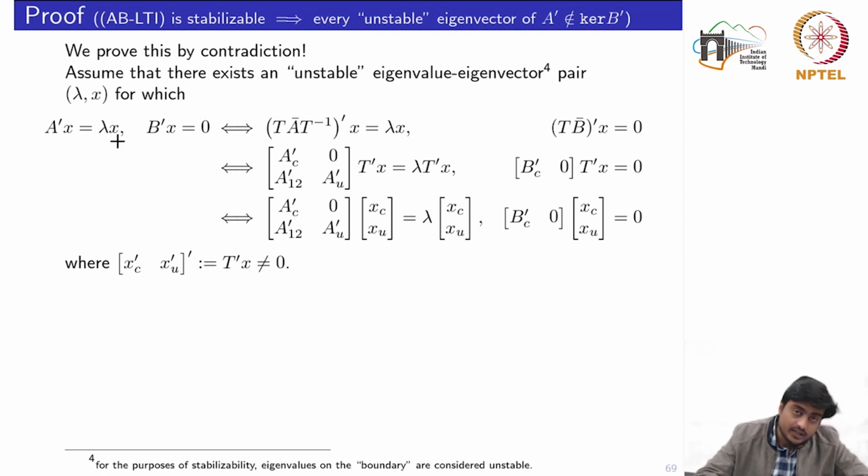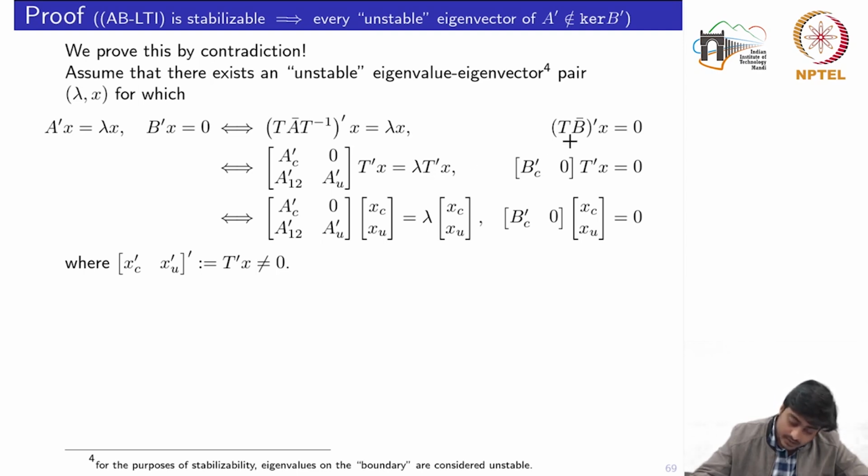And since this eigenvector is in the kernel of B transpose, we would also have B transpose x equal to 0, which is equivalent to saying that I can replace the A matrix and B matrix by their decomposed counterparts, which is T A bar T inverse, and here B would change to T times B bar. Again, expanding this T A bar T inverse, I would have this decomposed form with the respective transposes. T transpose x is equal to lambda times T transpose x.